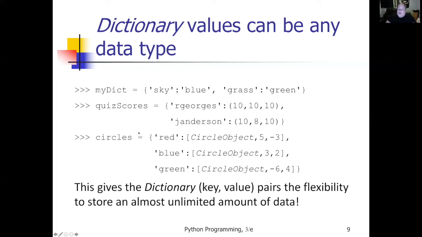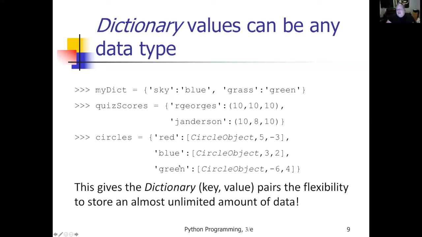Or maybe I've got 3 circles, a red circle, a blue circle, and a green circle. The red circle is a circle object with 2 values associated, 5 and -3. The blue value is a different circle. So think about defining a circle, and instead of adding it to a list, we've added it to a dictionary and maybe some other numbers to go along with it.